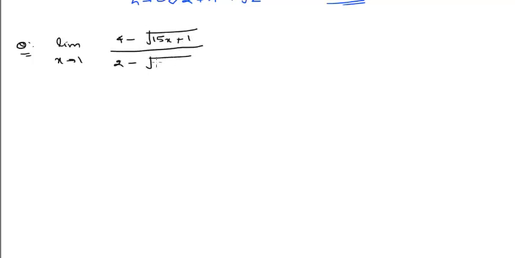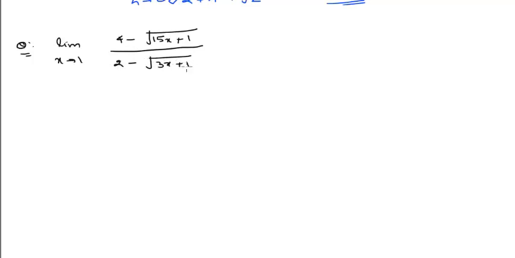Okay, so the next question is: evaluate limit x tending to 1, (4 minus under root of 15x plus 1) divided by (2 minus under root of 3x plus 1).